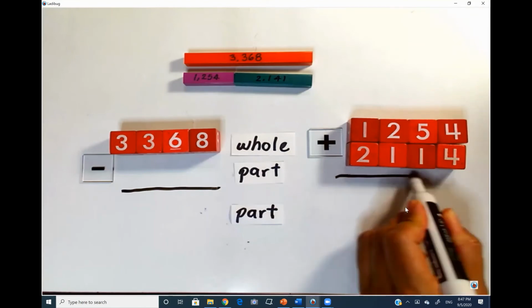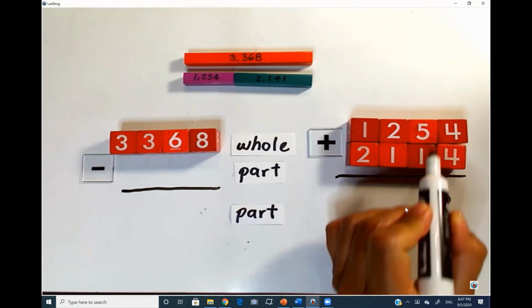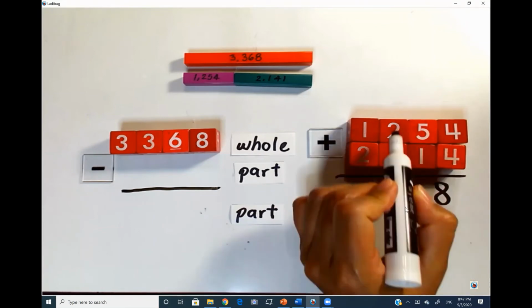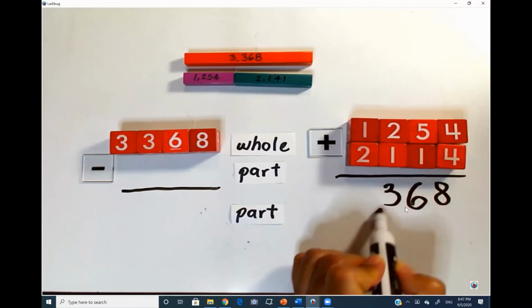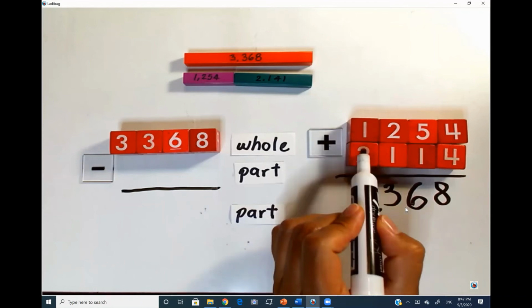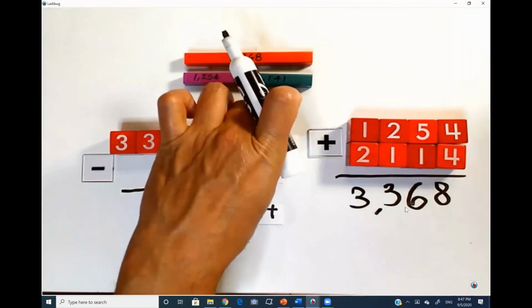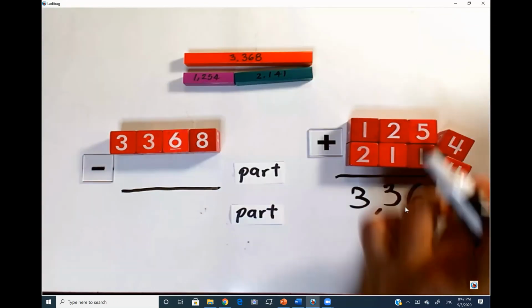So 4 ones plus 4 ones makes 8 ones. 5 tens plus 1 ten makes 6 tens. 2 hundreds plus 100 makes 300. And then 1,000 plus 2,000 makes 3,000. Now if you notice, in the addition, we have the whole at the bottom, right?